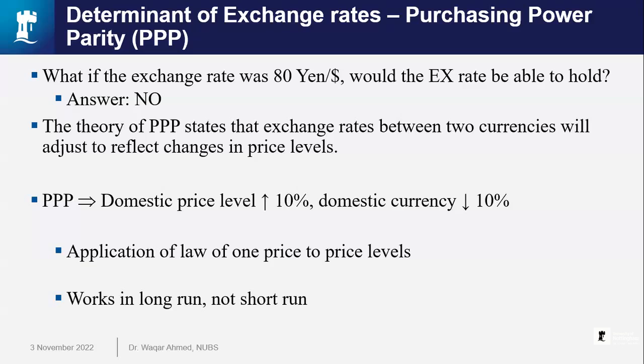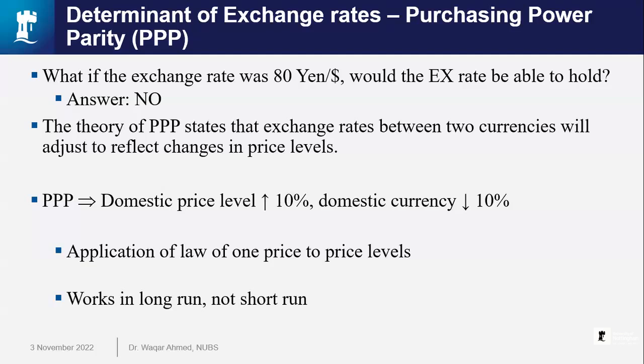The domestic country's currency must depreciate by 10% in order to ensure that the law of one price holds. So application of the law of one price will affect the direction in which exchange rates should move.